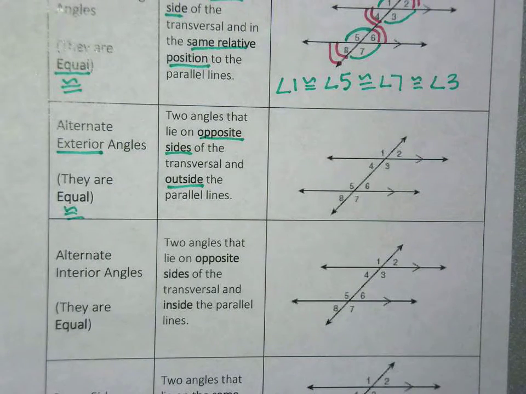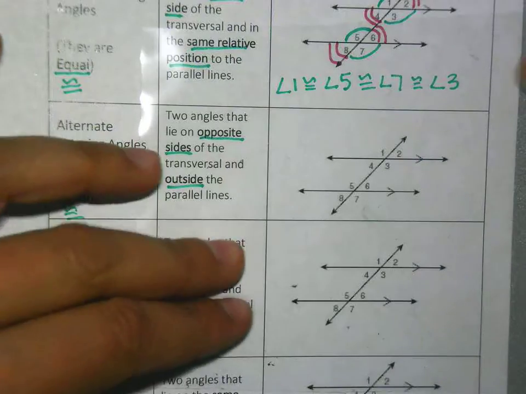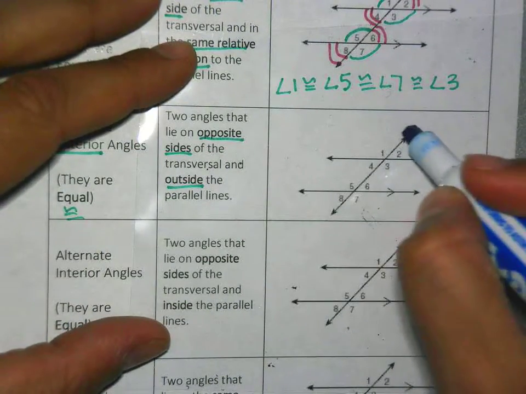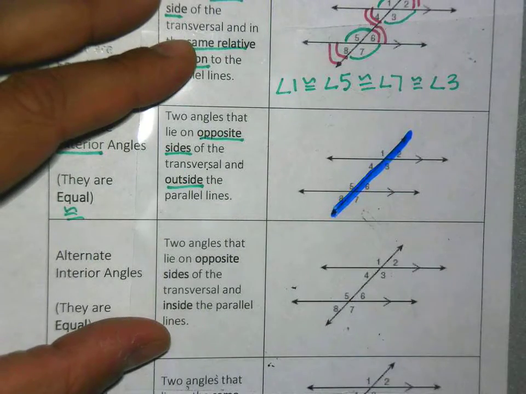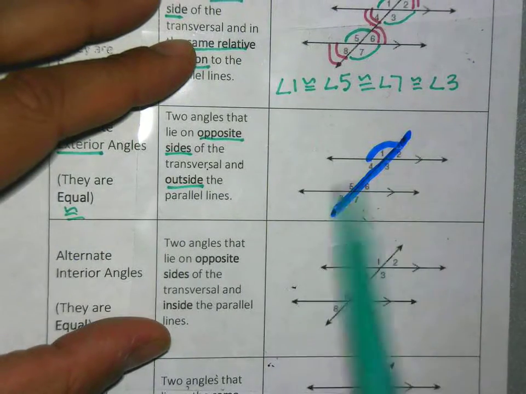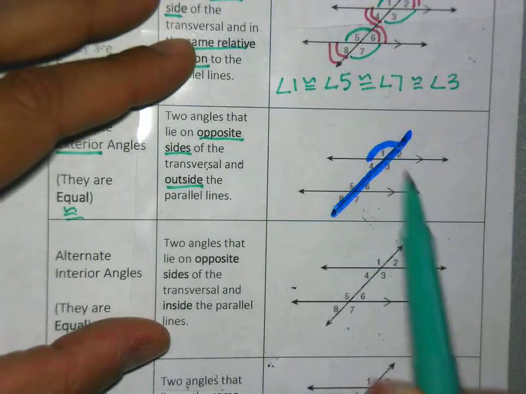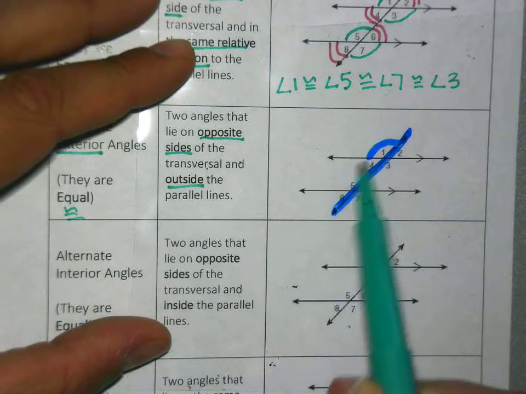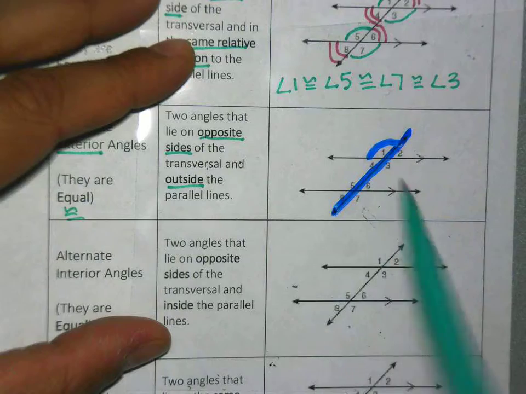So I'm going to start with angle 1 again. I'm going to trace my transversal and put an arc around angle 1. Now, angle 1 is on the outside of the two parallel lines. So think of angle 1 and 2 and 8 and 7 as being on the outside, and then these angles being on the inside because they're between.